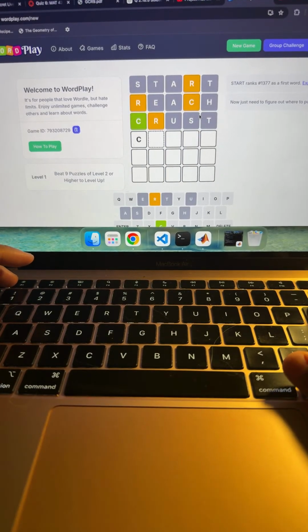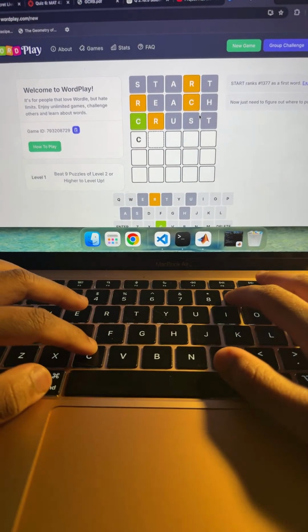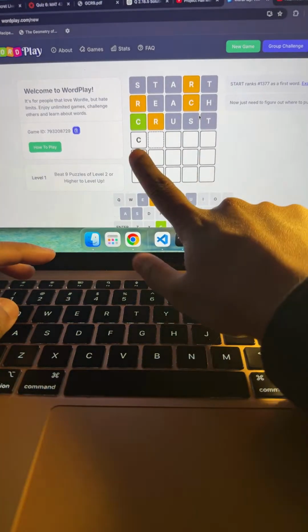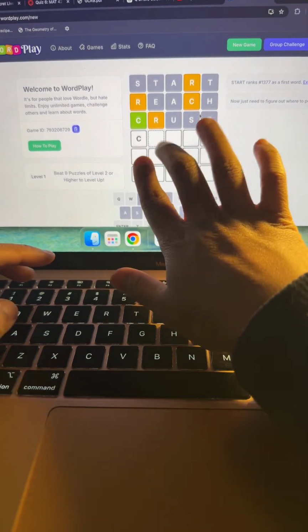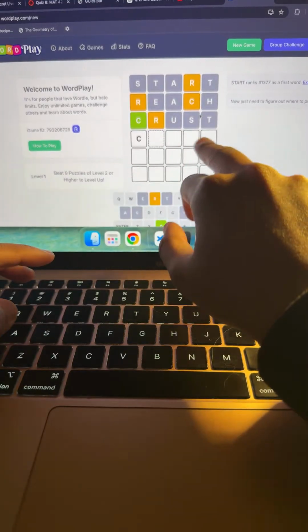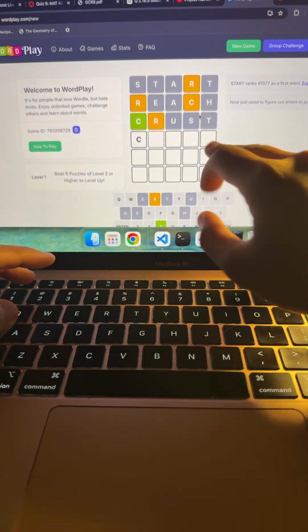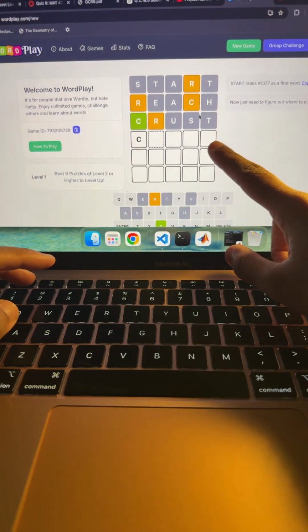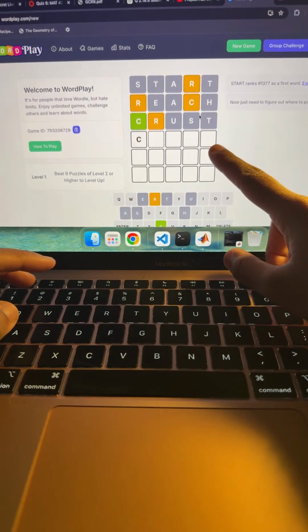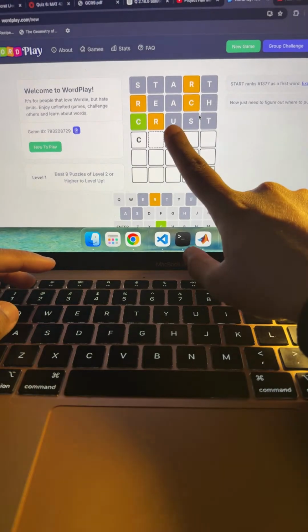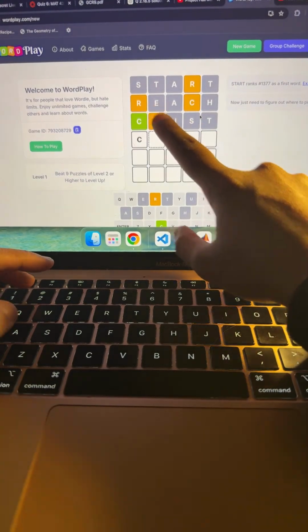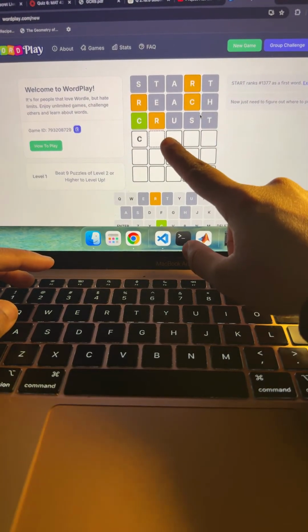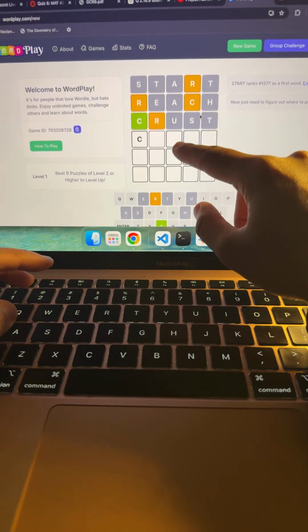Burst. But there's a C. The first letter is C. And the R is either here or here. If it's here, we could say the word is curse. There's no U, there's no S, there's no E. But that would tell us if the R is here.